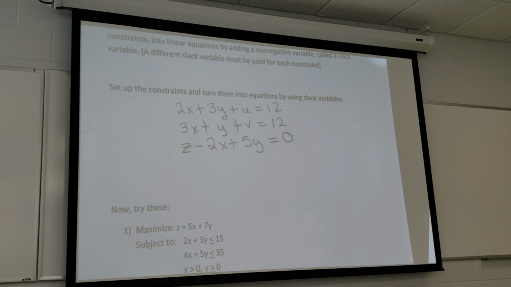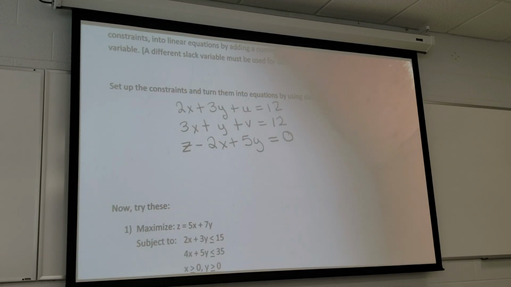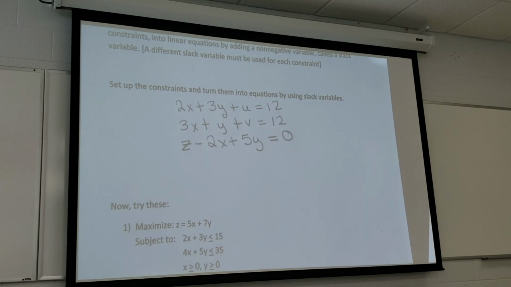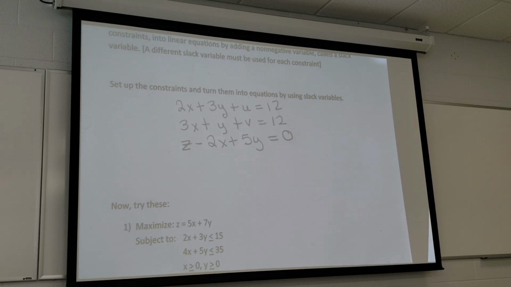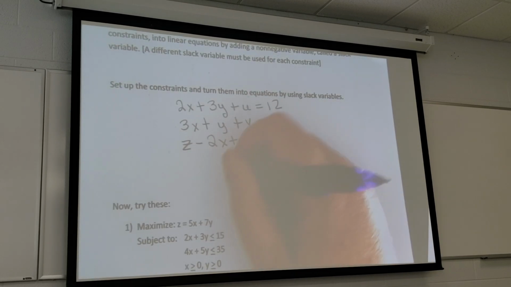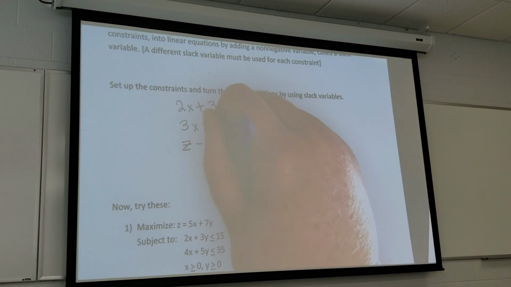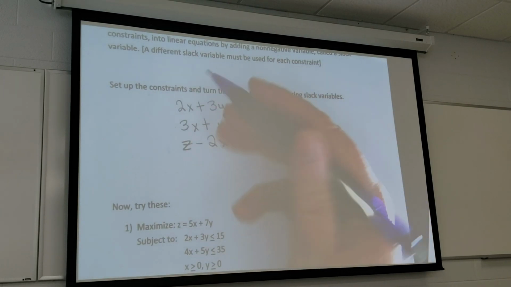But where did they come from? It's up here, look at the top. It says z is equal to 2x plus 5y. Why is it z minus 2x? I want the z positive, and I want everything on the right side to come over to the left. That changes their signs. So would it be minus 5y? Yes.